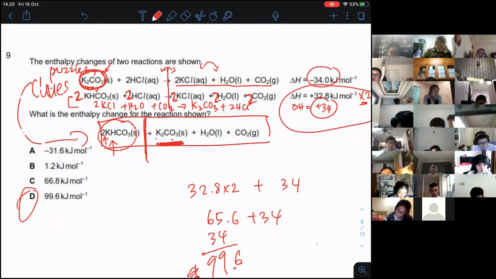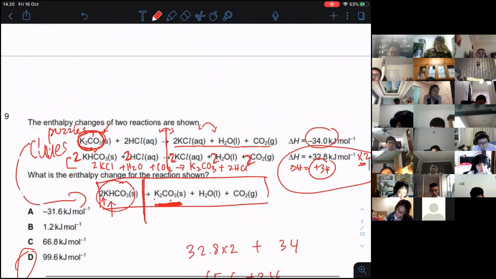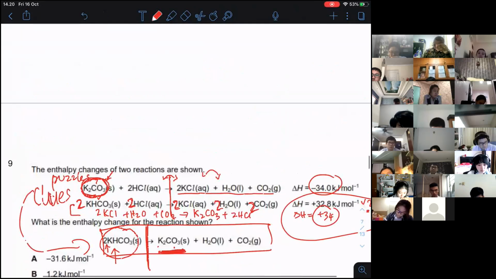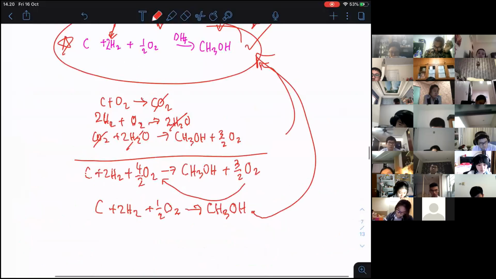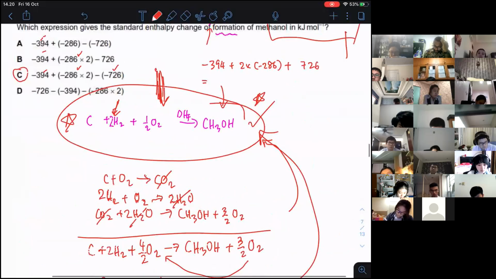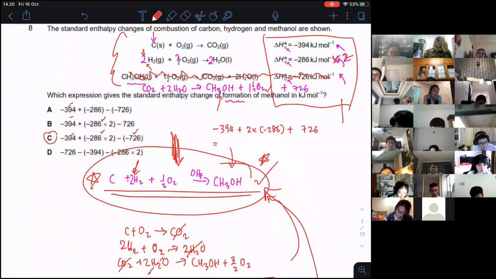The same thing as the previous questions. So why I flipped this earlier? Because I want to achieve all this. Here, the CH3OH is in my reactant part. I want the CH3OH to be in my product part. So that's why this is the product, so I need to invert it. Can you understand, Christopher?